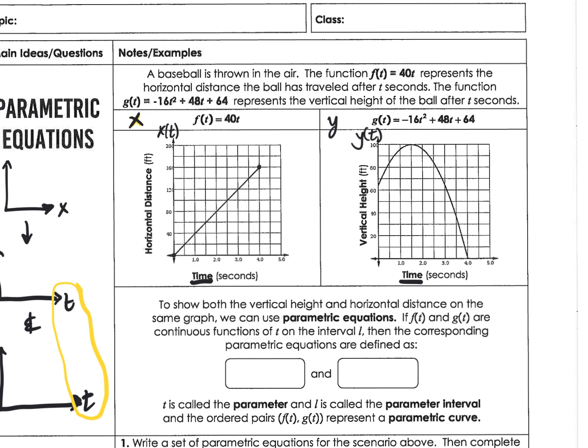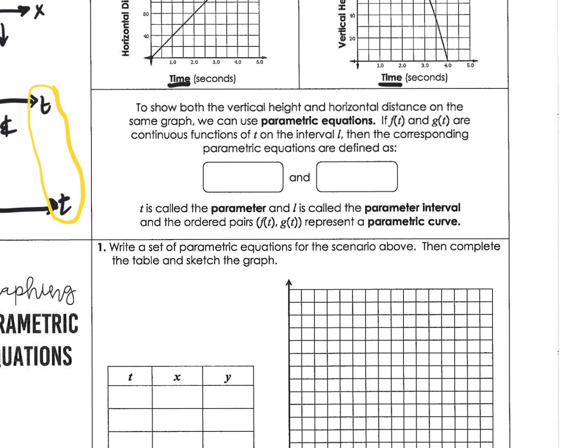Now notice the y actually looks like the graph of the ball, doesn't it? If you throw a ball in the air, it makes sort of a parabolic loop, doesn't it? So the y tells us what's happening. The x looks very different. Okay? Now, to show both the vertical height and the horizontal distance on the same graph, we use parametric equations.